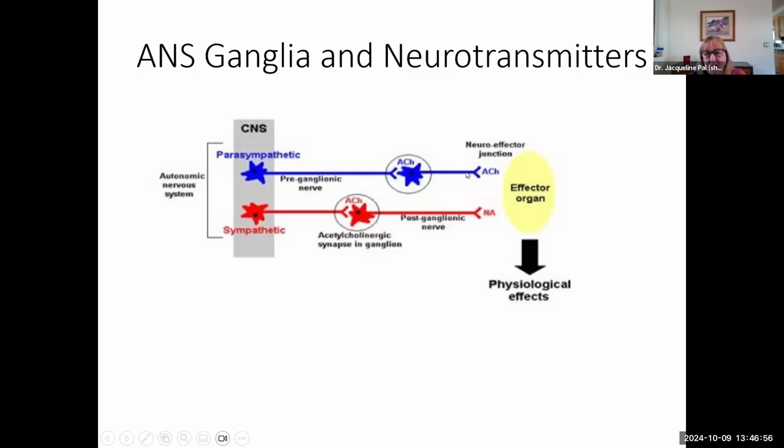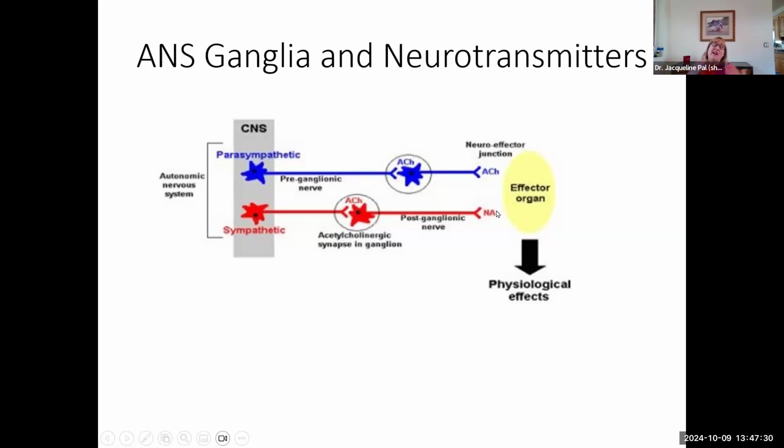In the parasympathetic nervous system, acetylcholine will still be the neurotransmitter at the effector organ. But in the sympathetic nervous system, the postganglionic neuron is going to be releasing noradrenaline / norepinephrine, whichever word you want to use, to synapse with its effector organ. So this is the only one that is different.